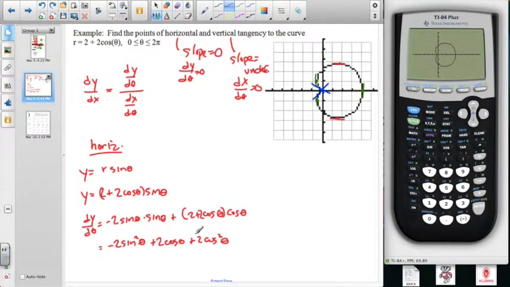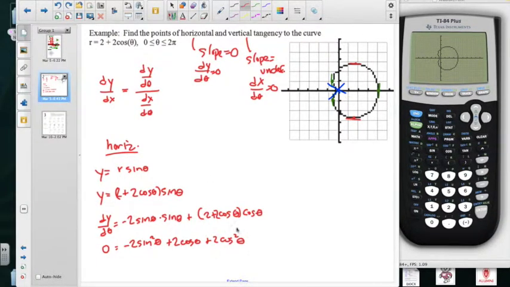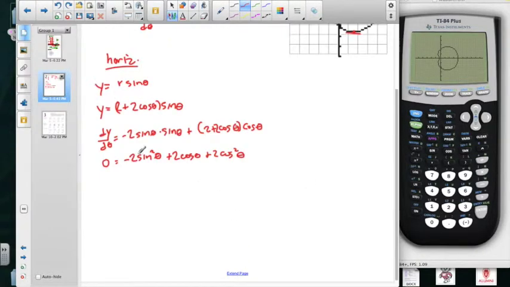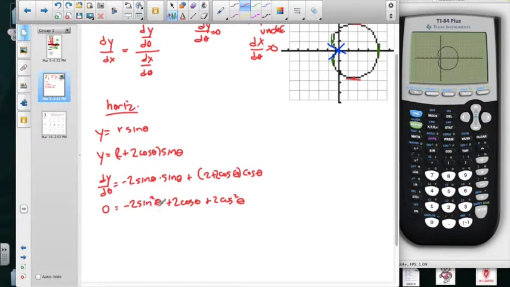And so the question is then, these horizontal tangencies are points where that is equal to 0. So as we look at this expression here, we can kind of start to see we have some trig components here squared, and don't get fooled into thinking this is a trig identity equal to 1 because we have a minus sign here. So what we really need to do is we need to substitute out this sine squared theta.